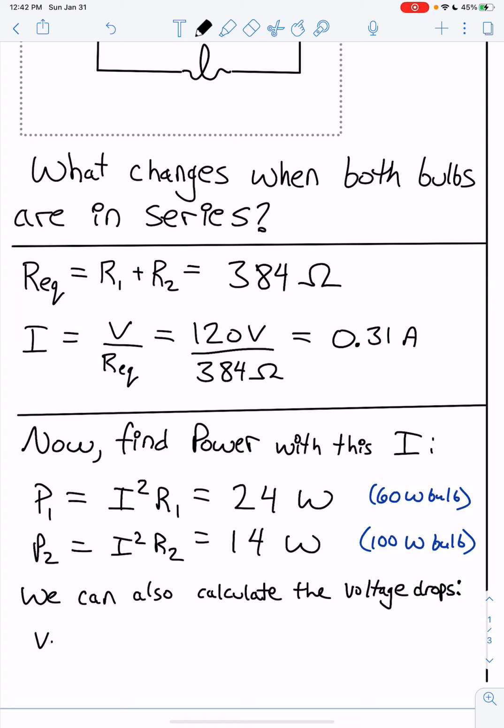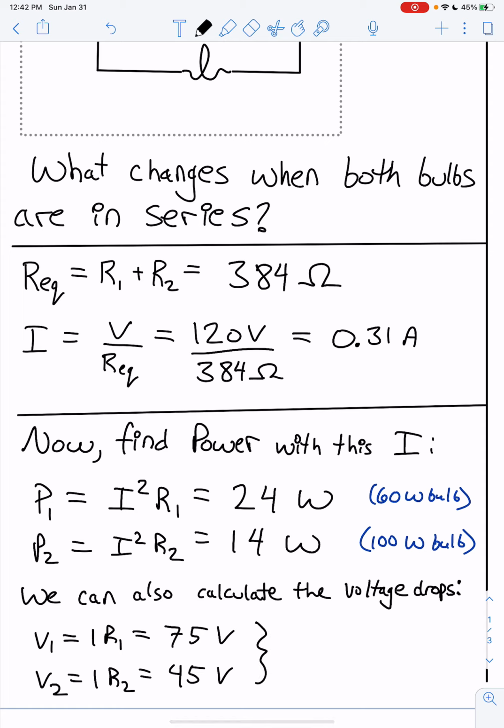So V1 is going to be equal to IR1, and that's 75 volts for the first bulb, and V2 is equal to IR2, and that is going to be equal to 45 volts. Which makes sense. We've got less power going through the second one, so we've got a smaller voltage drop.